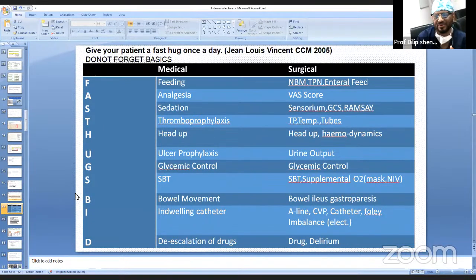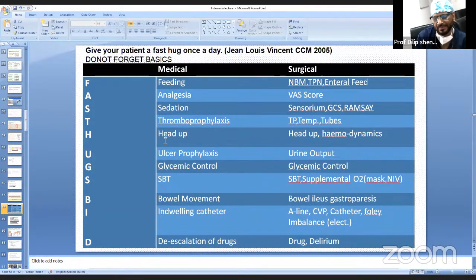So F stands for feeding, that is either nil by mouth, enteral or parenteral. A is for analgesia, you do it by a pain score. S is for sedation, that can be assessed along with sensorium by the Glasgow Coma Scale or Ramsay sedation scale. Thromboprophylaxis, temperature, tubes also, you can include in that.